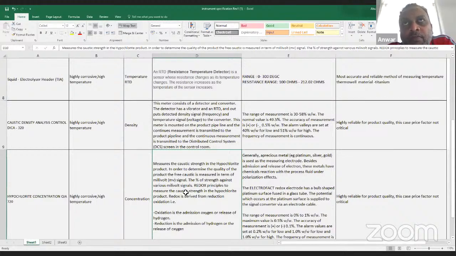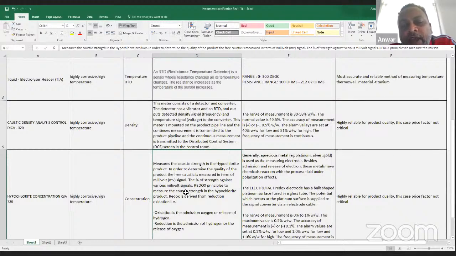You will have a bed in between, in the packed column, so that your chlorine gas could be absorbed effectively into the 20% caustic. After we absorb, we need to maintain the concentration of this sodium hypochlorite.